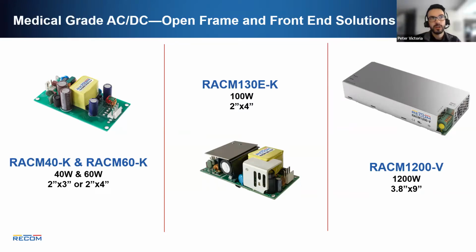These ones are all going to be class 2 as they come. There might be an option to add your PE if you mount this on a chassis or something. But as they come, they'll be class 2. Sure. So better targets, better applications for home healthcare. Yeah, absolutely.